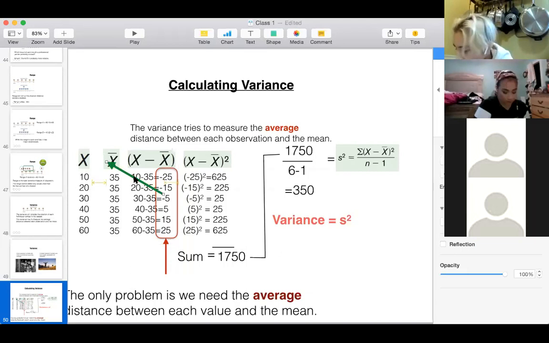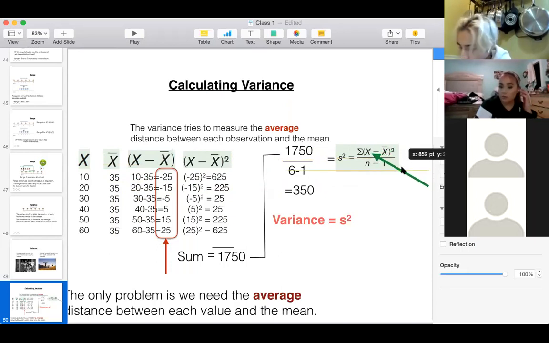Okay, so Ardiana is saying when we did the first 2 columns, we took X and X bar. What do we do with the X and the X bar? Subtract. Right on. So our formula starts off and it says, we took each X and subtracted it from our X bar.